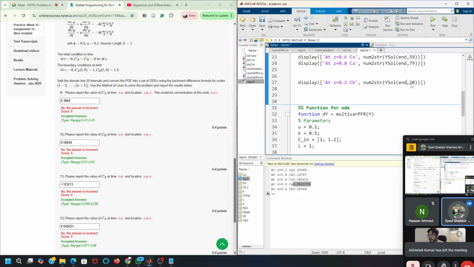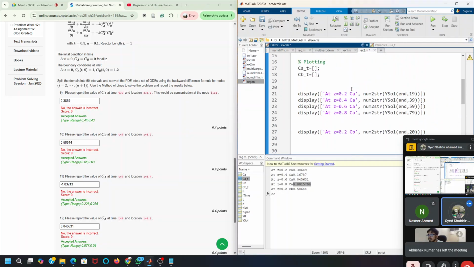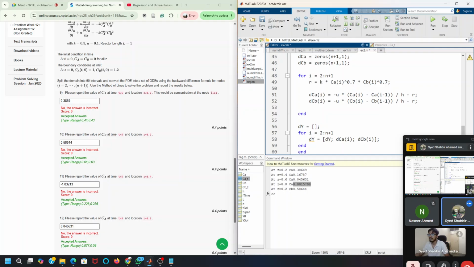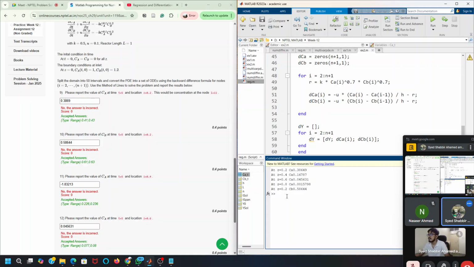For the last time, I am getting the same values.